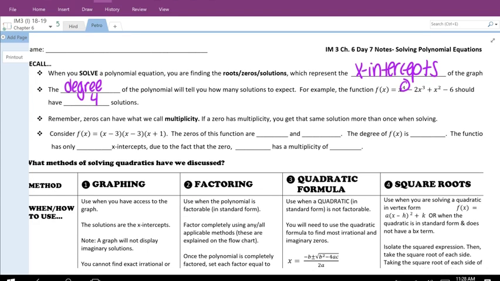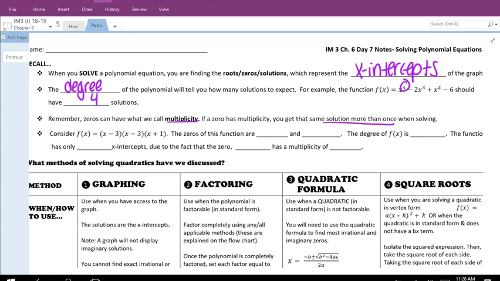Remember, zeros can have what we call a multiplicity. That just means that you get that same solution more than once. So for example, this next one, x minus 3, x minus 3, x plus 1. If we want to know the solutions, remember it's always the opposite sign when we solve. So what would make this one equal to 0?